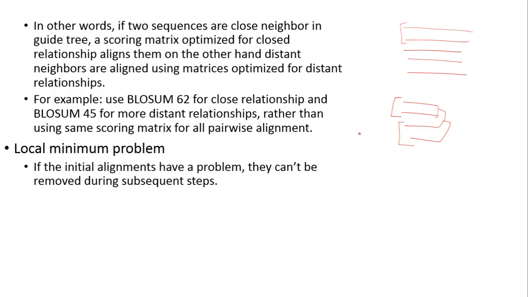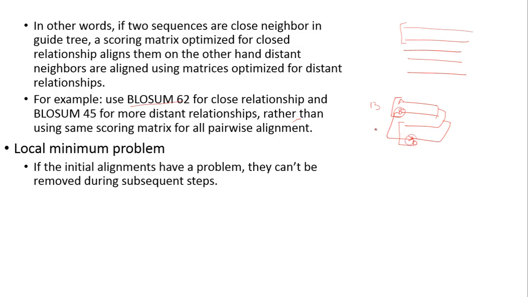For example, if these two sequences A and B are close to each other in your guide tree, then you might use BLOSUM 62 for aligning these closely related sequences. While if you want to align sequence B with a distantly related sequence in your guide tree, say a sequence D over here, you know that the expected evolutionary distance between sequences B and D is high.